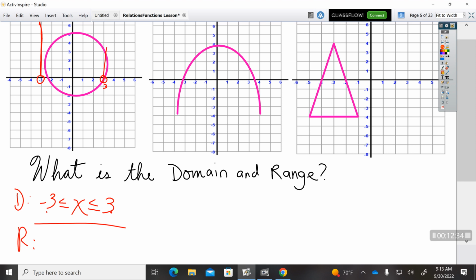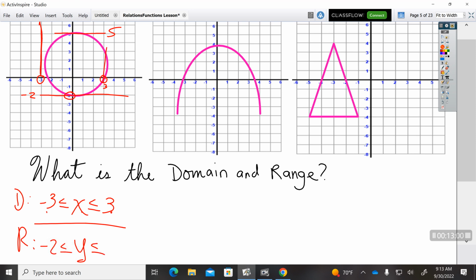Now range, let's do the same thing. Domain deals with x, so we're dealing with left to right. Range deals with y, so now we're thinking top to bottom. What's the lowest spot it goes to? -2. What's the highest spot it goes to? 5. So now for range, what letter goes in the middle? Y. What's the smallest value it went to? -2.